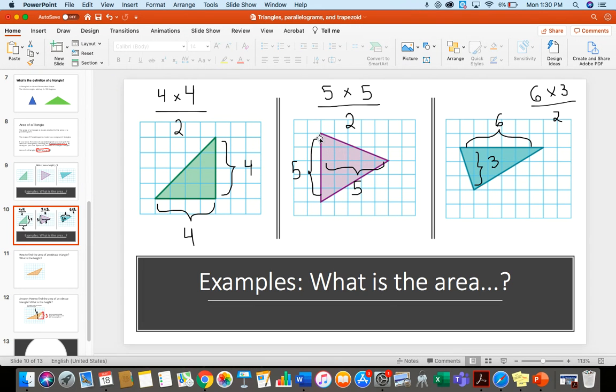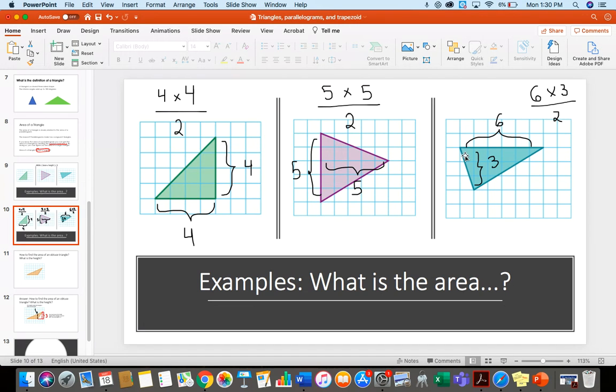The height of a triangle is perpendicular to the base. So you have to look for the point that goes the farthest out. Now we count 1, 2, 3, 4, 5. 5 times 5 divided by 2. 5 times 5 is 25. If you divide it by 2, you get 12.5.